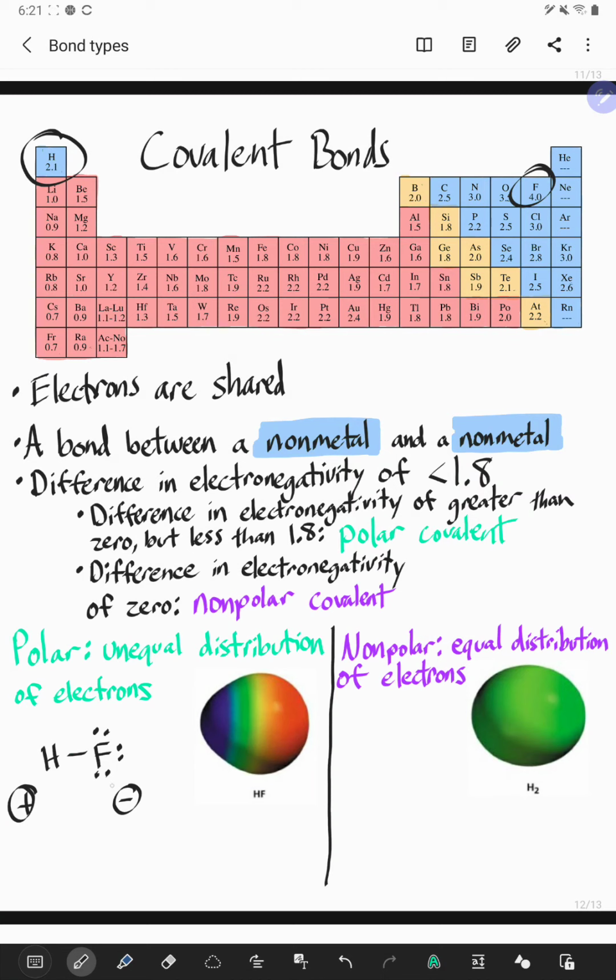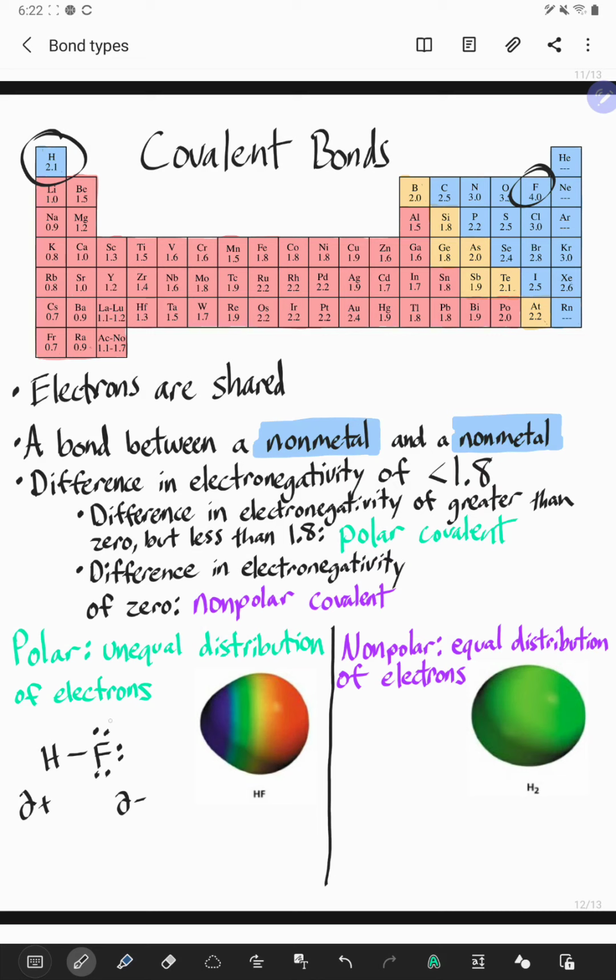It's not a full charge on either side, but since more electrons reside on the fluorine side, we're going to say that there's a partial negative over here, and I'll try my best drawing that symbol. It looks somewhat like that. And then the partial positive over here.